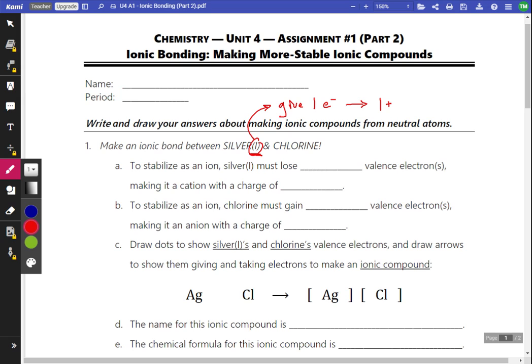So it's always going to be how many valence electrons they're giving up and how positive they become, not the other way around, taking and getting negative. So again, this Roman numeral 1 is indicating that silver is going to give up 1 valence electron. Anytime I have an atom of silver in this compound, silver is going to give up 1 valence electron, which means it's going to have a positive 1 charge.